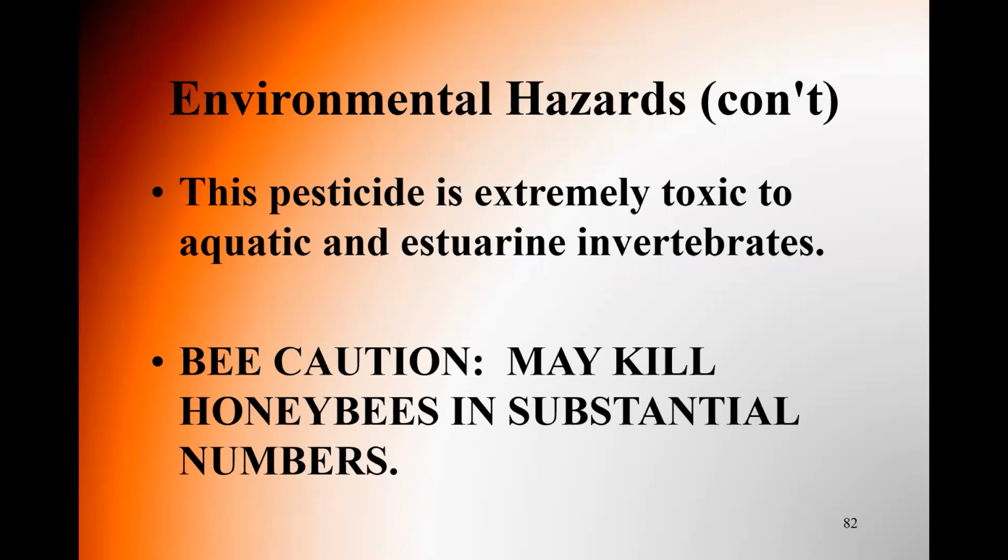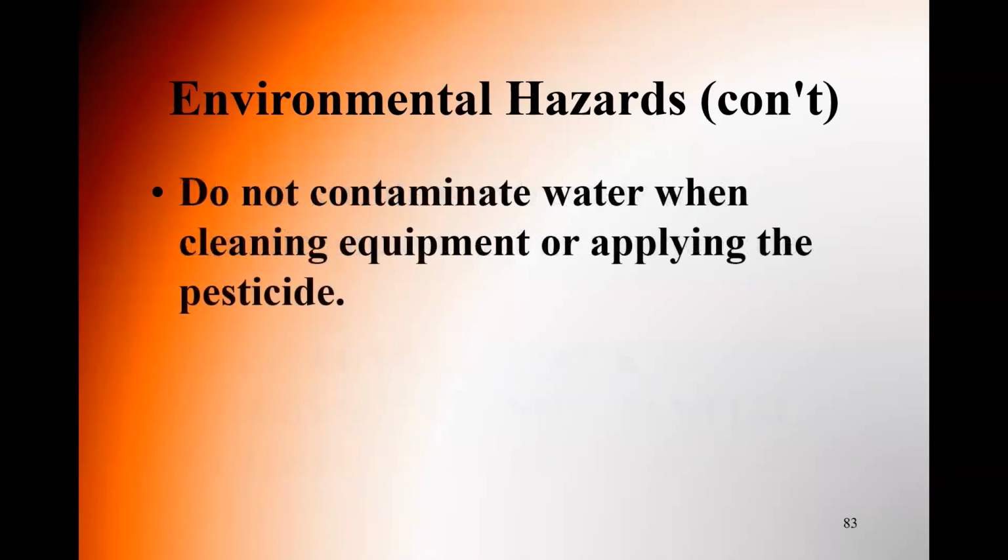Maybe you see statements like a pesticide that is extremely toxic to aquatic invertebrates, or maybe it's a bee caution, may kill honeybees in substantial numbers. We know we have a lot of people that have started to keep honeybees, so we want to try to preserve them as well as we can. Maybe they're toxic to fish, things like that.